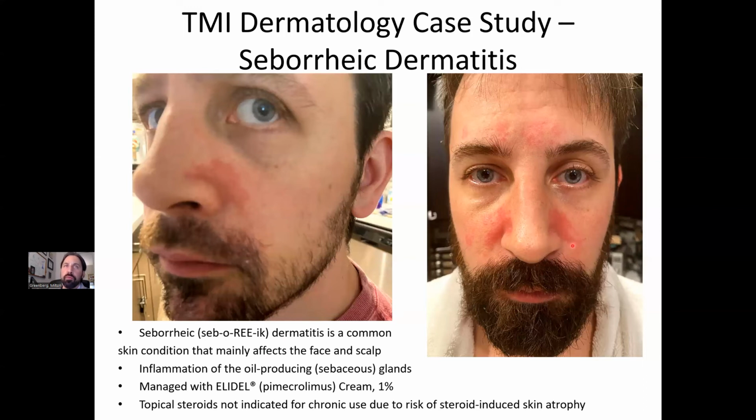I also used a little bit of corticosteroids, but corticosteroids are not used long term. The reason you don't want to use topical corticosteroids long term is because normal keratinocyte proliferation and division in the skin uses some level of NF-kappa B transcription. If you're blocking that by applying a lot of corticosteroids chronically, topically, for a long period of time, you're going to suppress your keratinocytes from dividing, and that will result in steroid-induced skin atrophy.